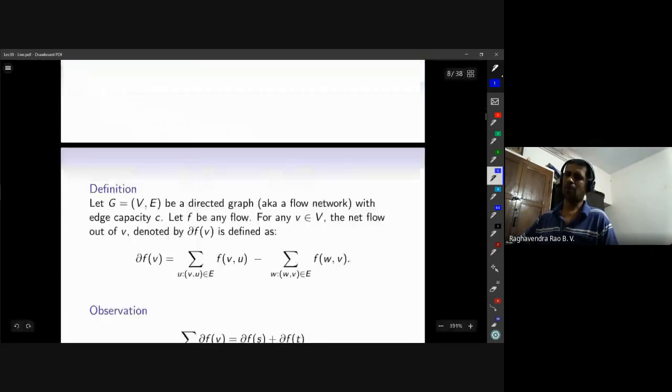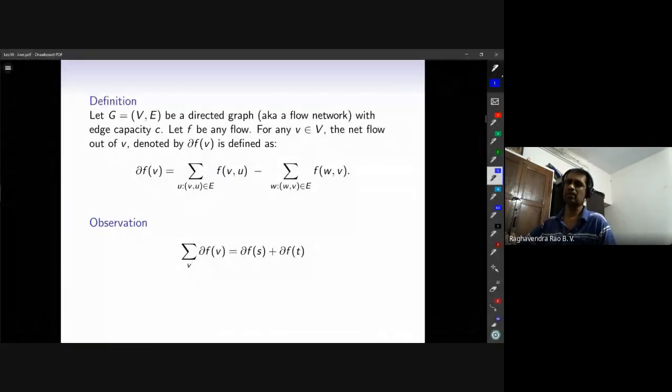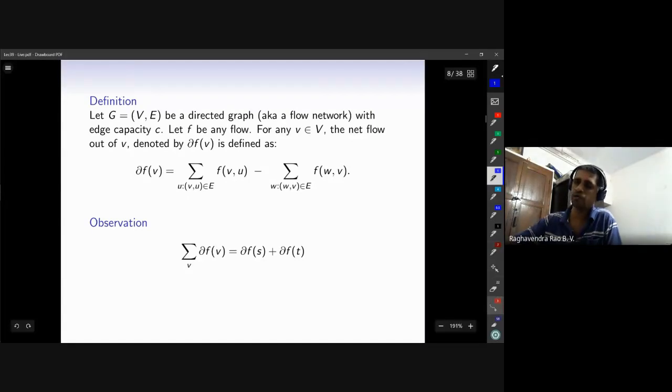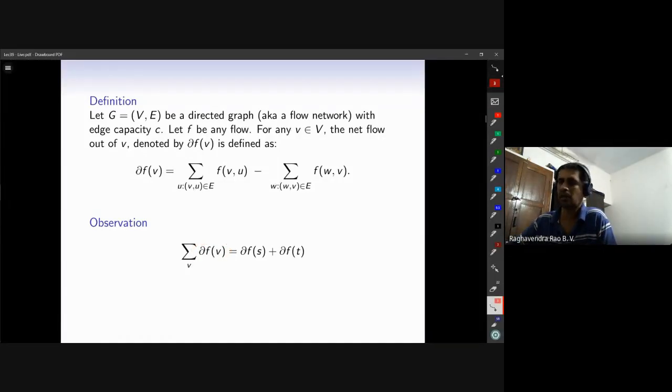Some observations. By the conservation property, if you sum the net outflow values for each vertex, remember that the values are non-zero only at S and T. It could be that it's 0 there too, but it's non-zero only at those two vertices. No other vertex will have a non-zero del value because of the conservation property. So the summation is equal to dou Fs plus dou Ft.